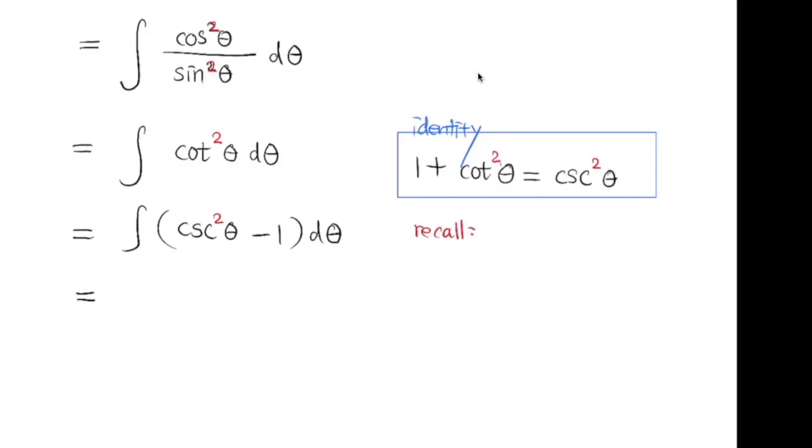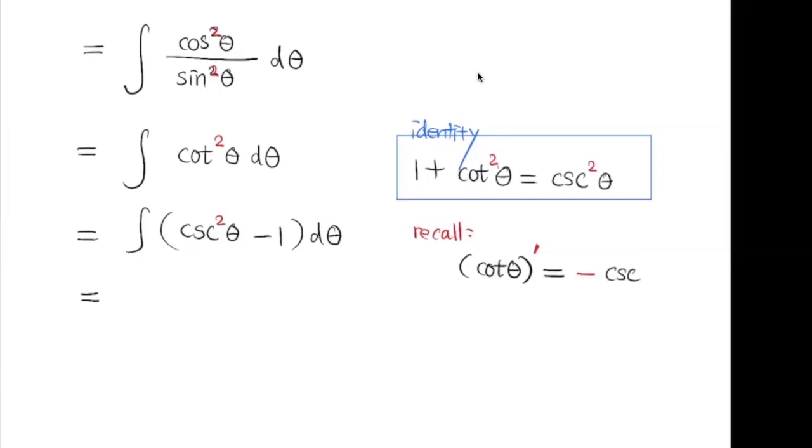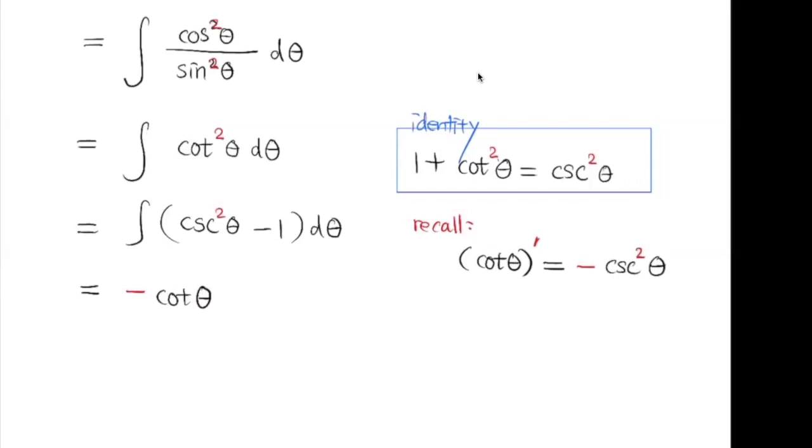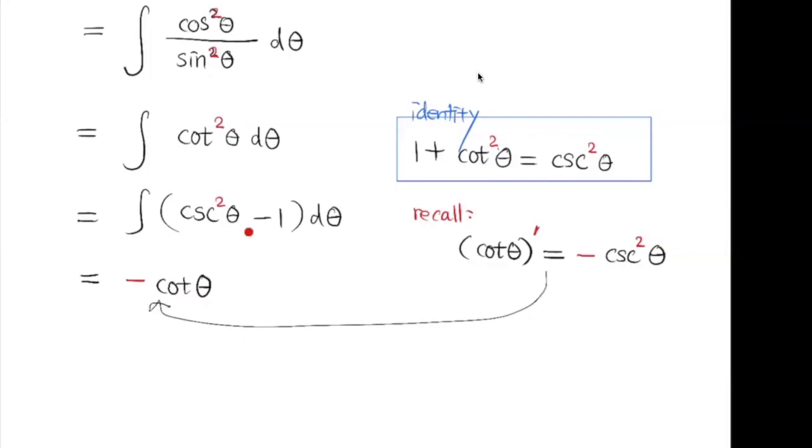Recall the derivative of cotangent theta is equal to negative cosecant squared theta. So the antiderivative of cosecant squared will be negative cotangent theta. So over here, this will be negative cotangent theta. That's how you got this. And then what's the antiderivative of negative 1 with respect to theta?